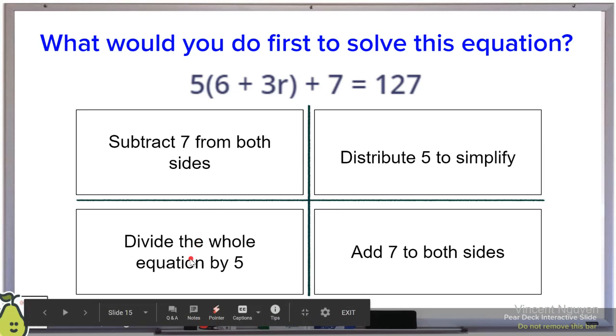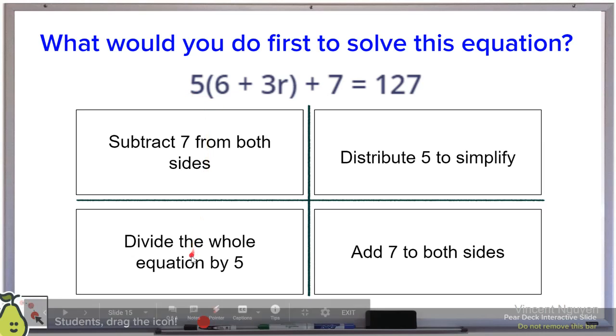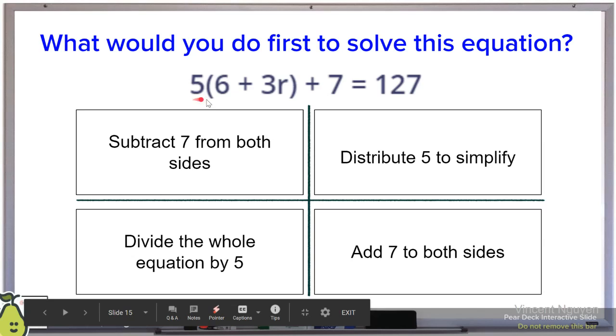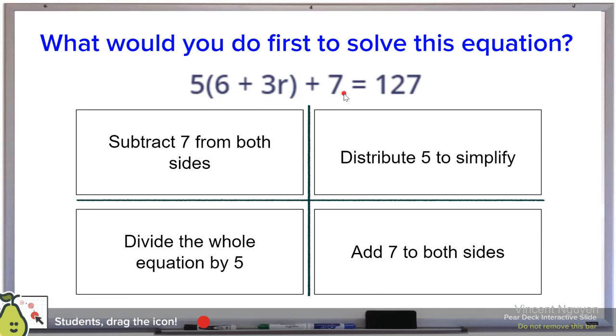Let's take a look at dividing by 5. If you divide by 5 on both sides, that's by the whole equation. So you have to divide by 5 here, divide by 5 with the 7, divide by 5 with the 127. Well, if you know anything about compatible numbers, 7 divided by 5 is not going to give you a nice number. 127 divided by 5 is not going to give you a nice number.